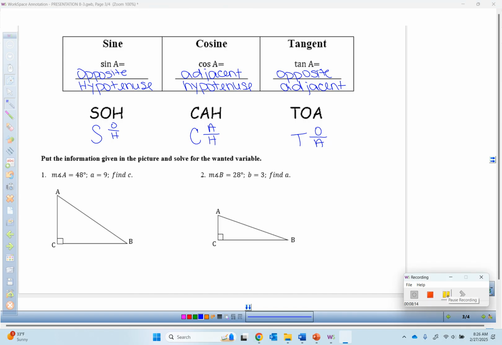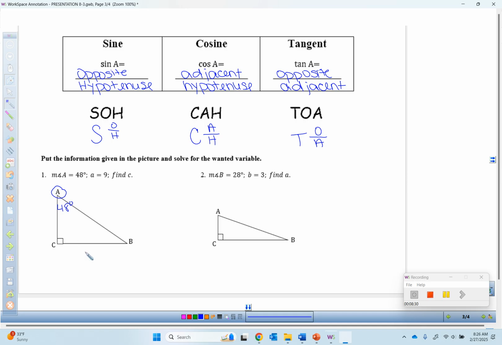Okay, so let's look at number 1. It says, put the information given in the picture and solve for the wanted variable. Okay, so it's telling us the measure of angle A is 48 degrees. So I'm going to circle big A and write 48 degrees. And then it tells me little a equals 9. So where did I say little a goes?